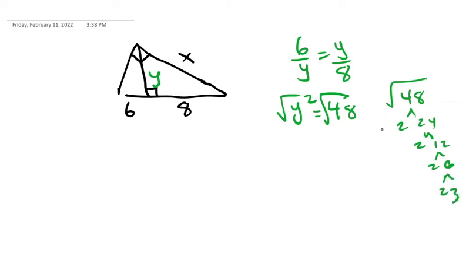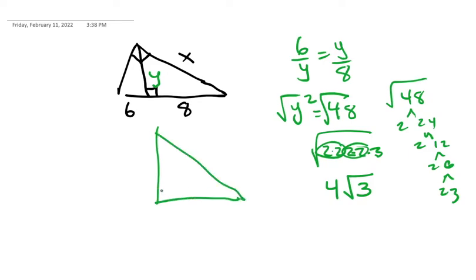So the factors of 48 are 2 times 2 times 2 times 2 times 3. We take out a pair of 2's, and we get 4 radical 3.